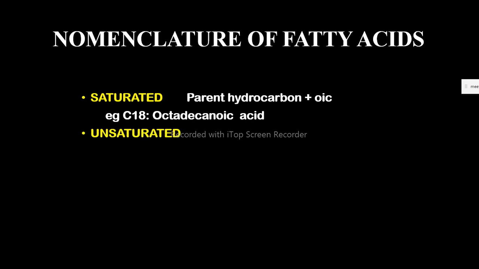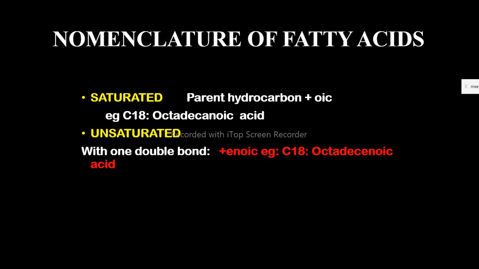Then for unsaturated ones, you have to indicate the position of the double bond. If it has a double bond, then instead of oic, we add enoic. So for C18, it becomes octadecenoic.